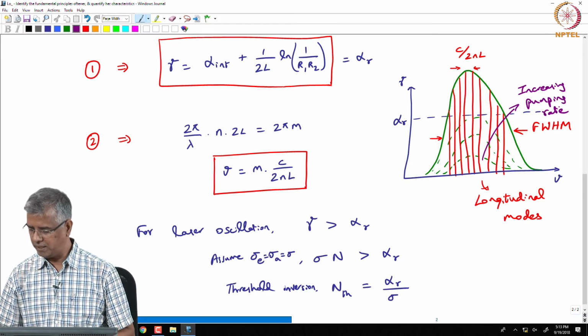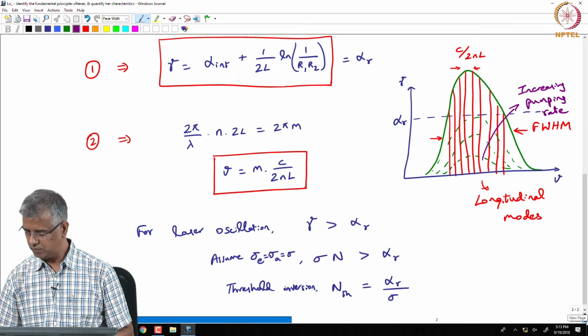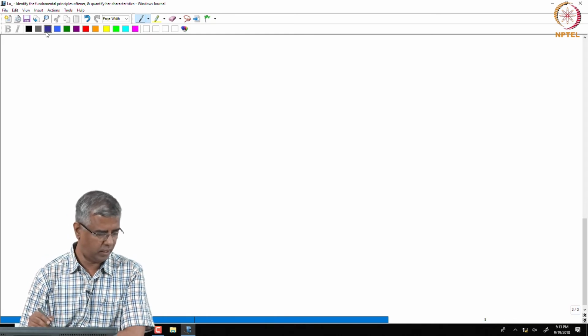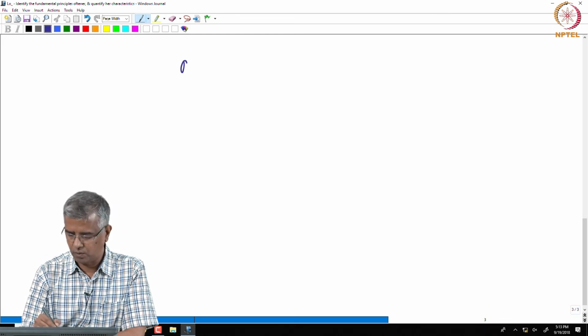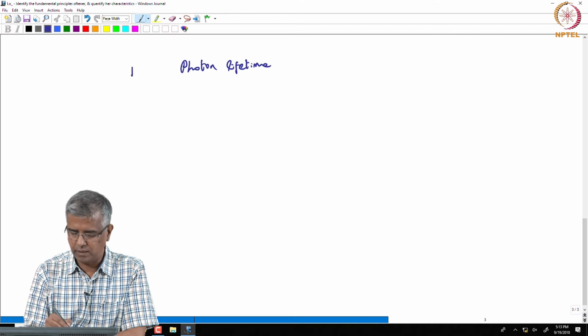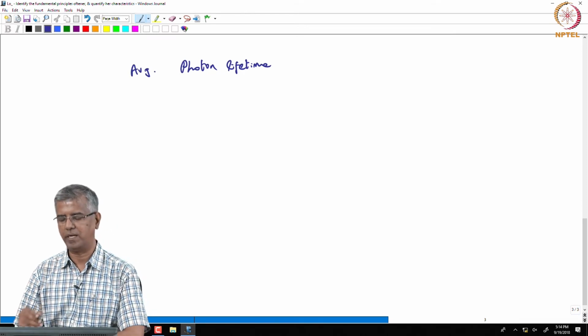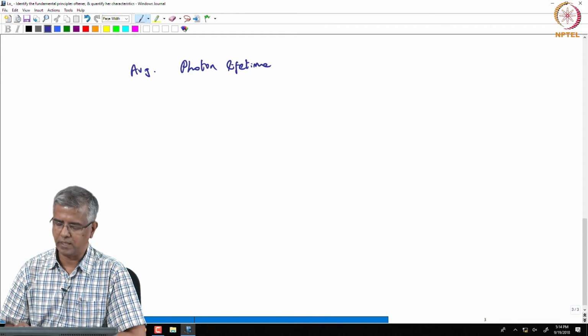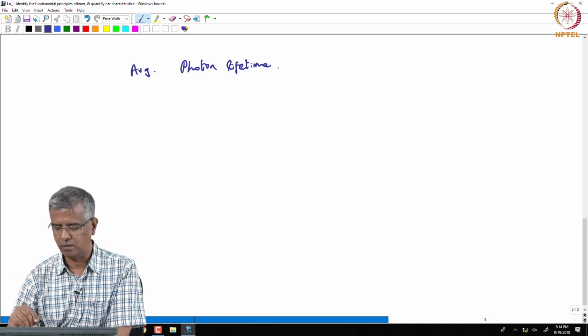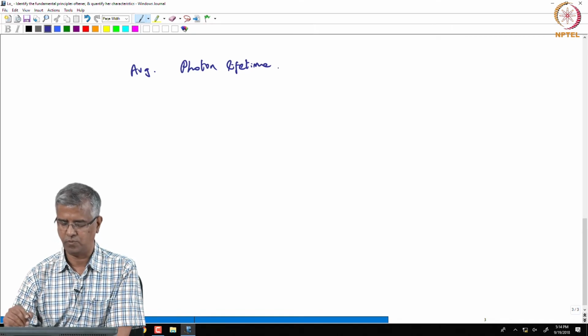So, I can say that if I am expressing in terms of the photon lifetime, and I would say that this is the average photon lifetime, because this could be statistical, just like anything that we have discussed so far as photons are concerned. You can only talk in terms of an average value.